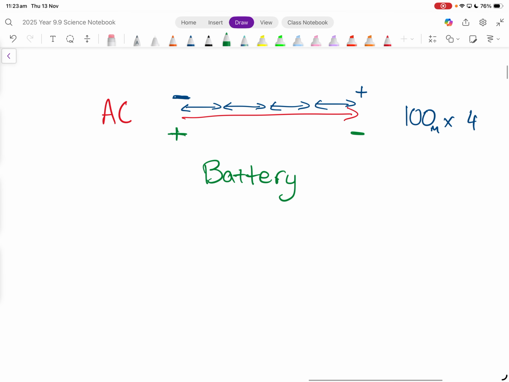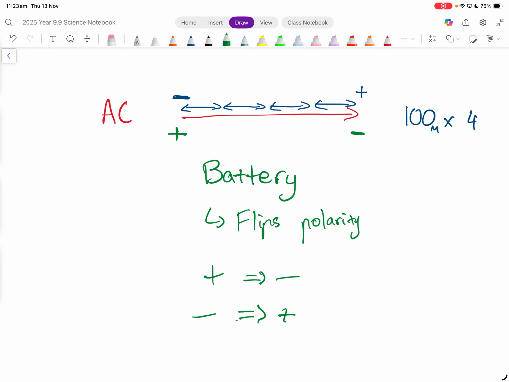If I write battery flips or changes polarity, it means that the positive becomes negative and the negative becomes the positive. They do this a few times each second, okay? It's not just once per second, it's happening multiple times per second.